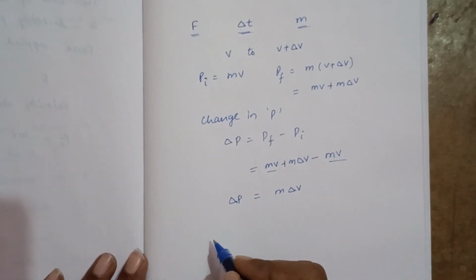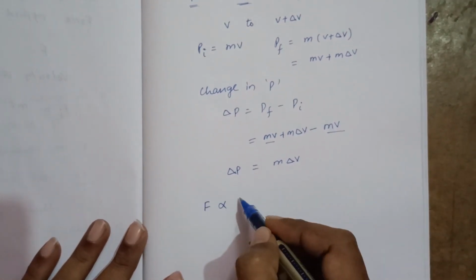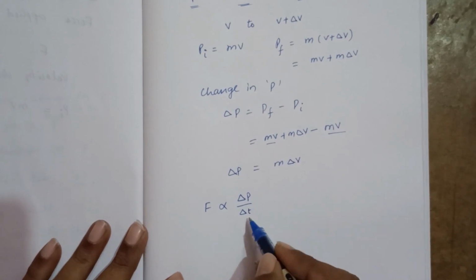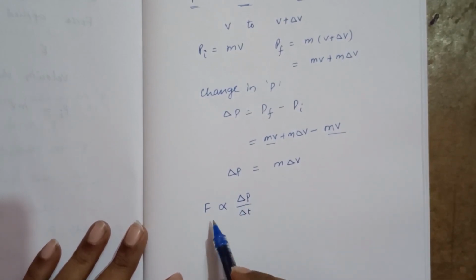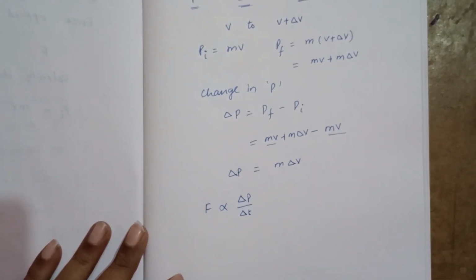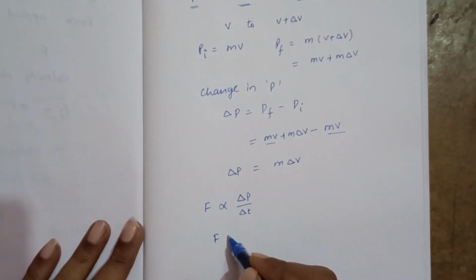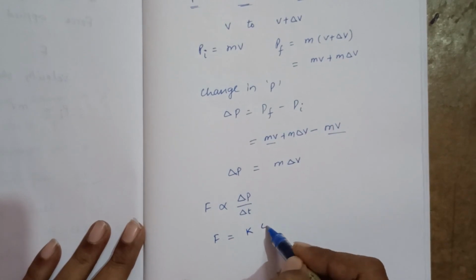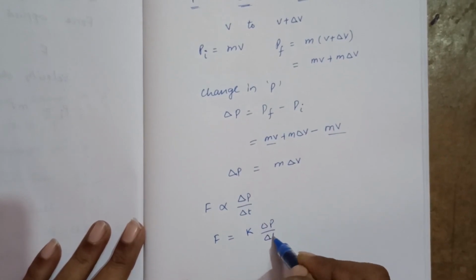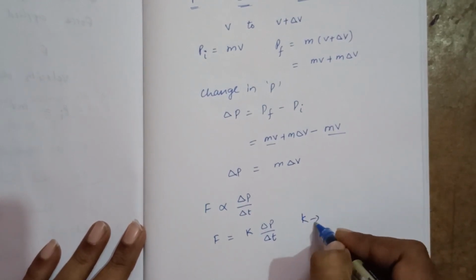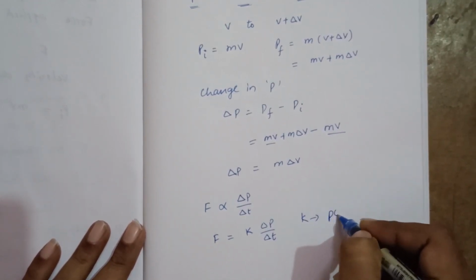From the statement we discussed, the rate of change in momentum is directly proportional to the force applied. From this we can write F proportional to delta p by delta t. To remove the proportionality symbol we take one constant k, the proportionality constant.